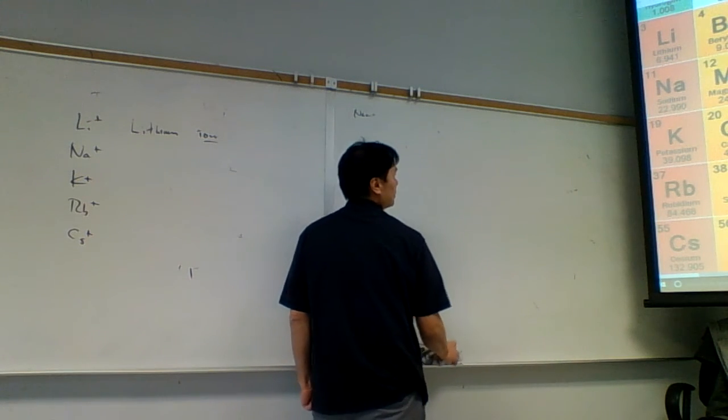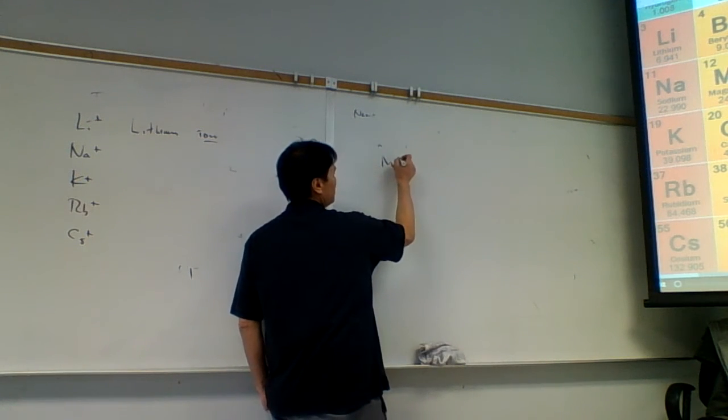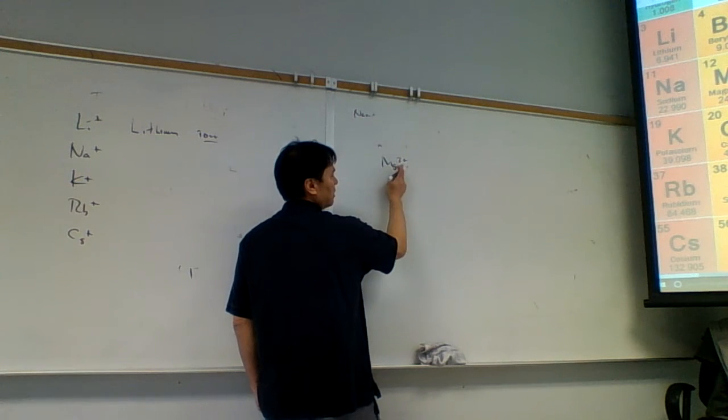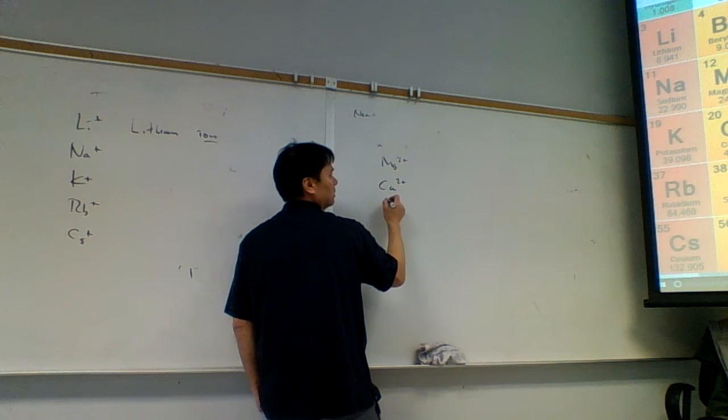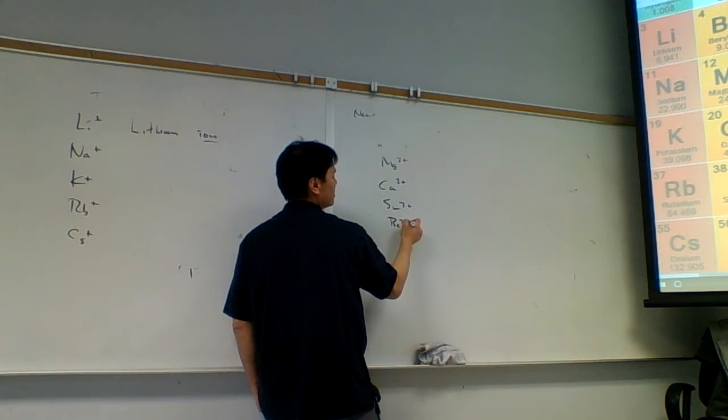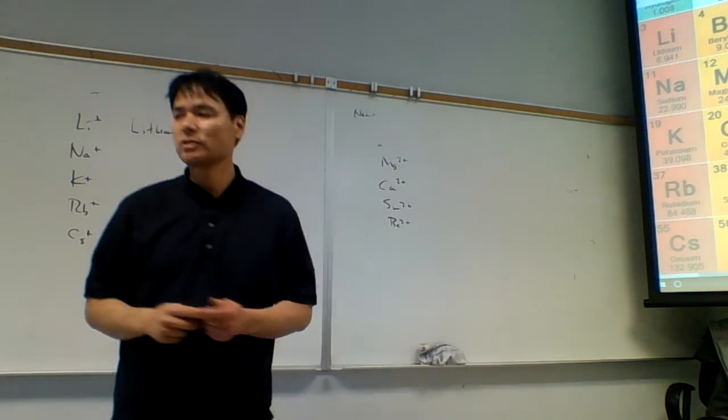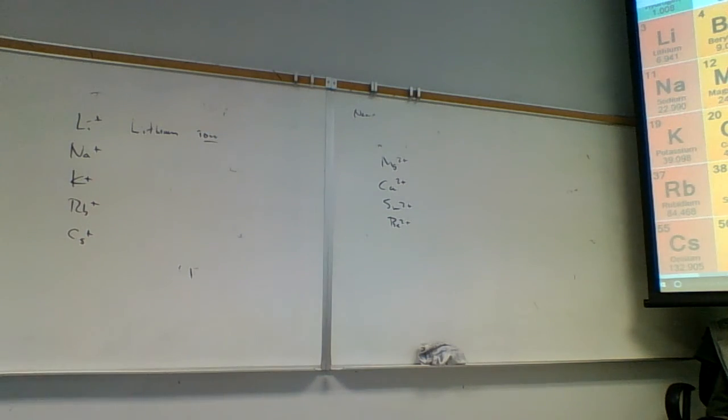The other fixed charge would be like magnesium. Magnesium's always +2, but rather than calling it +2, we call it 2+. Calcium, strontium, same. Barium is the same. And so all those form +2 or 2+ cations.